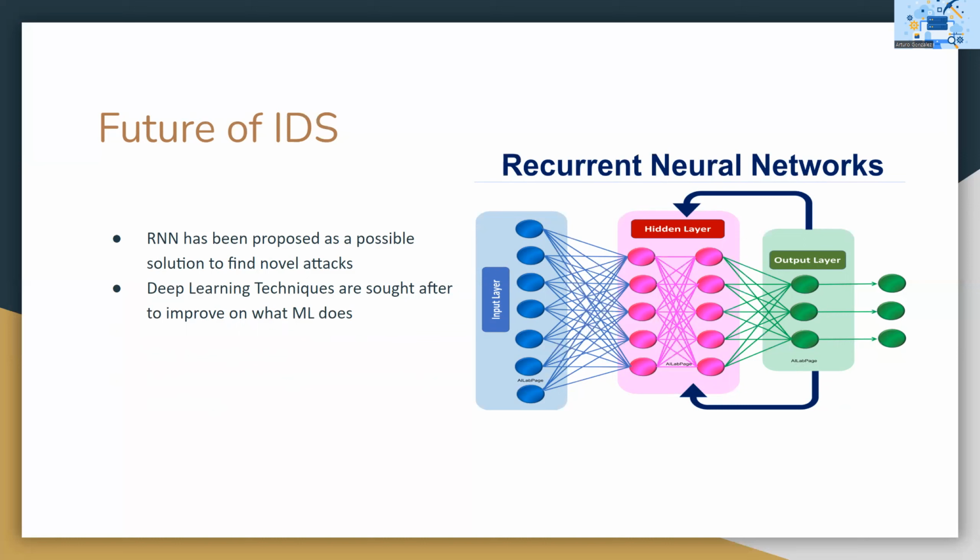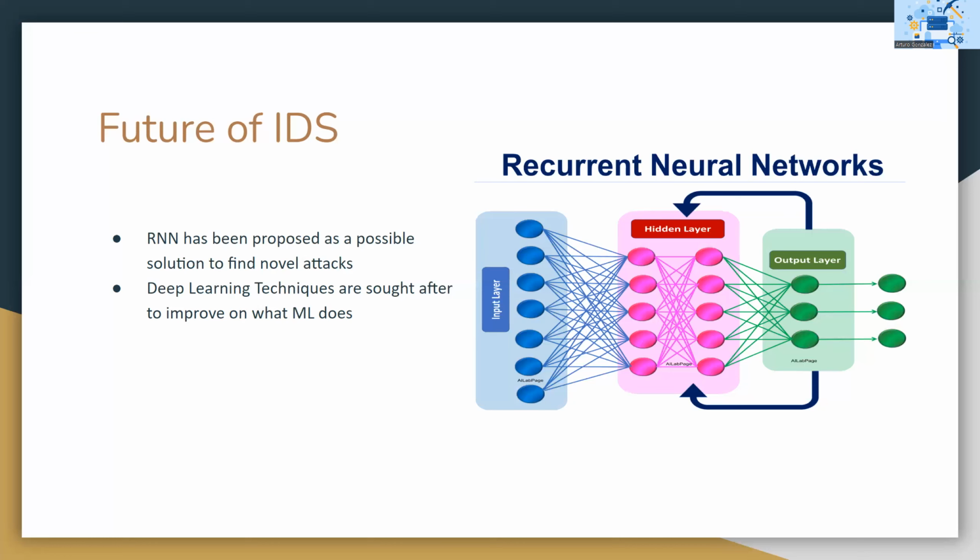Ultimately we want it to detect any novel attacks, not just attacks that are out there, because then it's the same as a signature-based IDS. In which case, yes, machine learning does do a better job, but ultimately we want to get to a point where it could sense novel attacks when they're happening or before they happen.